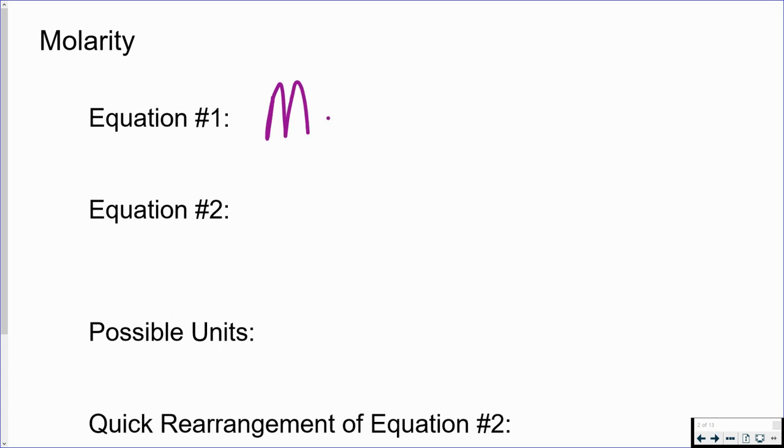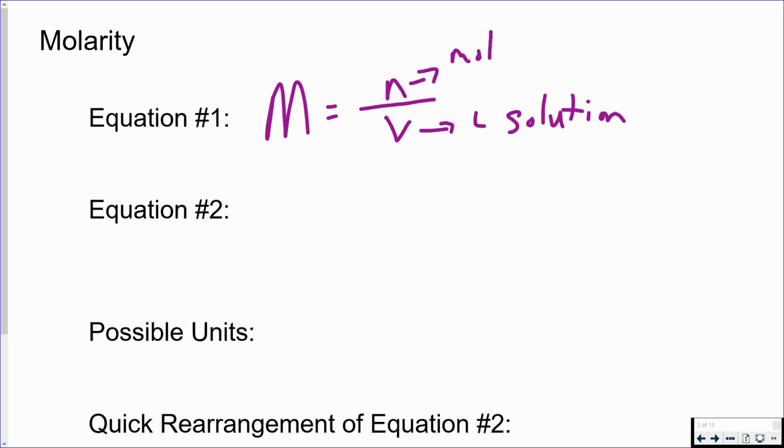It is capital M equals moles over volume. Now, the volume has to be in liters, and that is of the solution. And n is, of course, moles, and this is of the solute. So it's the amount of what we are dissolving divided by the volume of the entire solution.